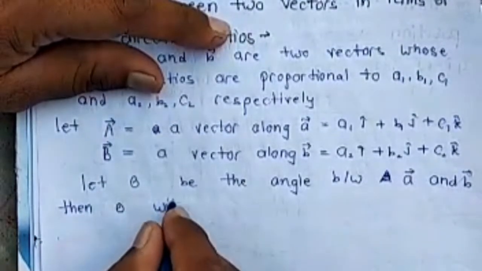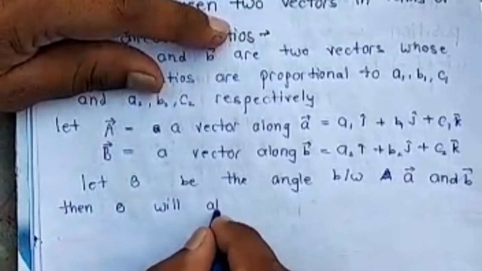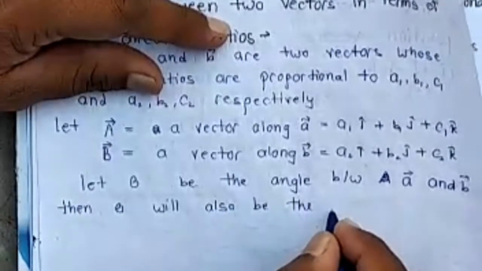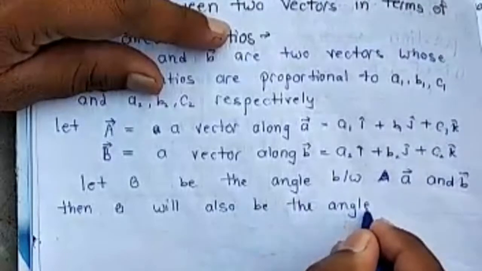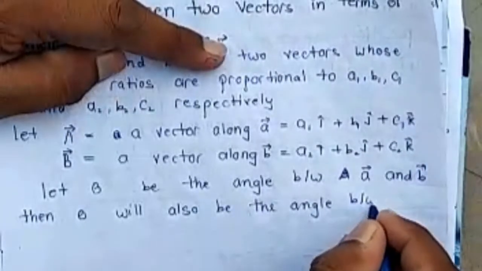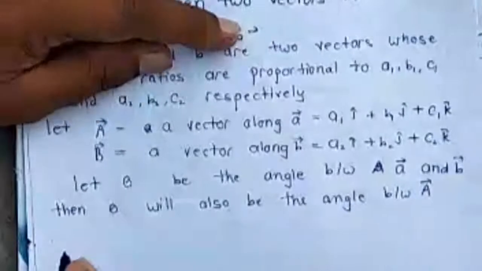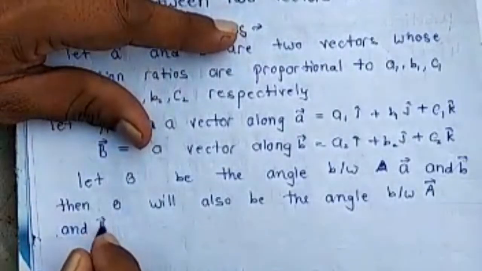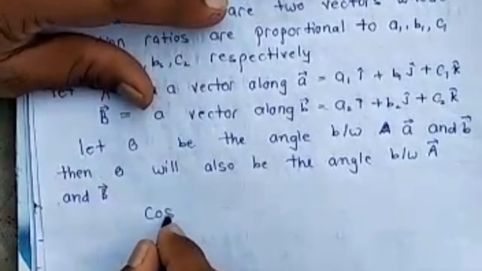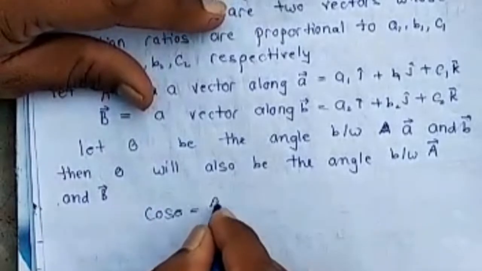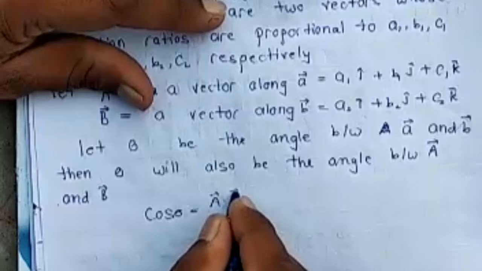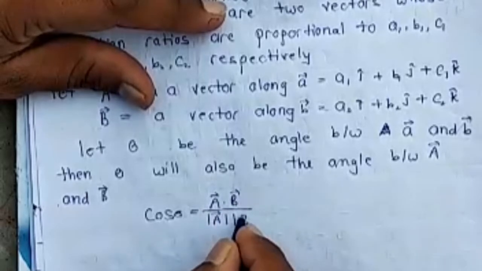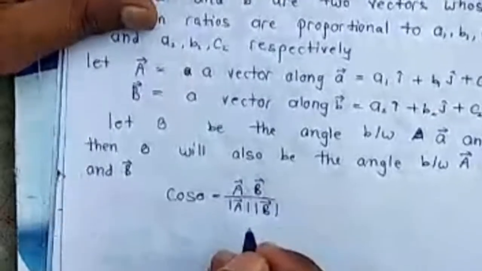Then theta will be the angle between capital A vector and capital B vector, then cos theta equals A vector dot B vector by mod A mod B, by the scalar dot product.